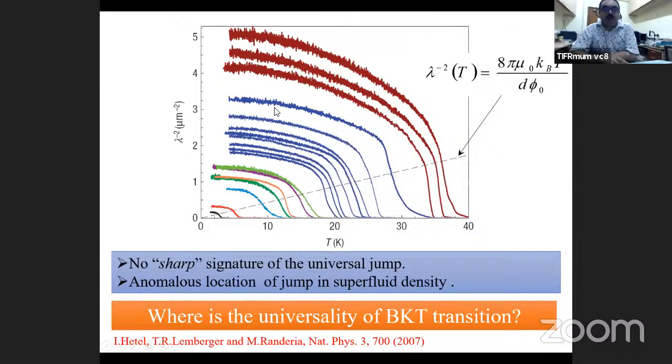Here also you see that it's decreasing slowly and then abruptly jumping down. So it's not completely vertical, it's not a complete abrupt jump to 0, and this is actually because of disorder effect. There is inhomogeneities in the sample, so that smears the transition because you have now a distribution of Kosterlitz-Thouless transition temperature.